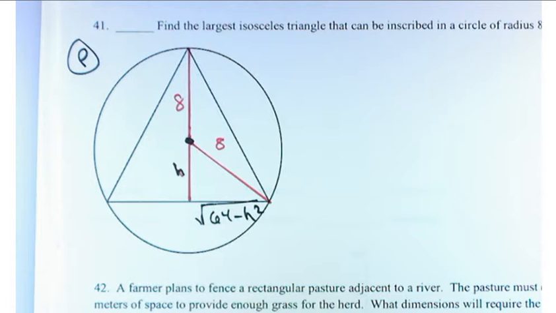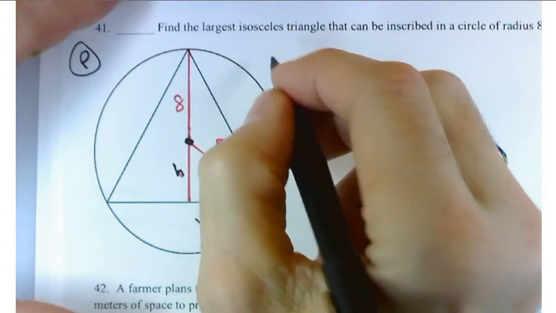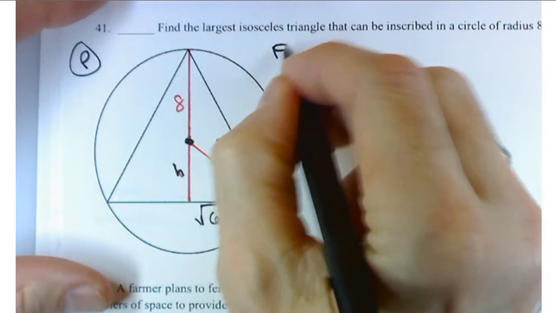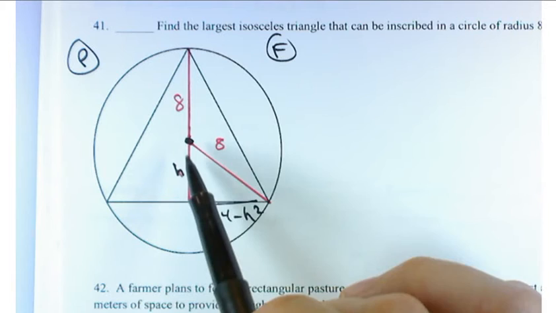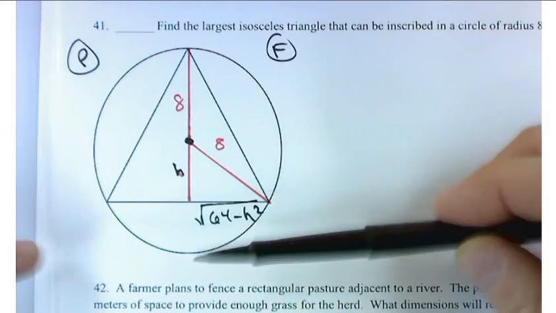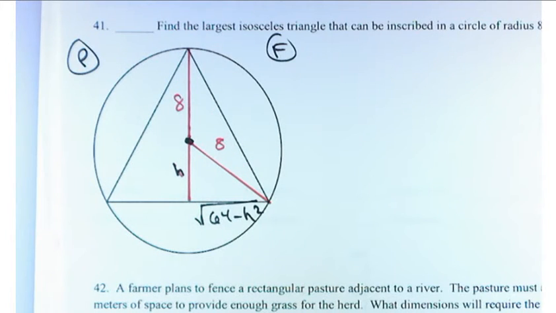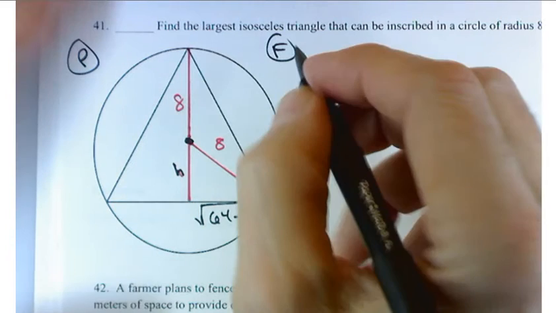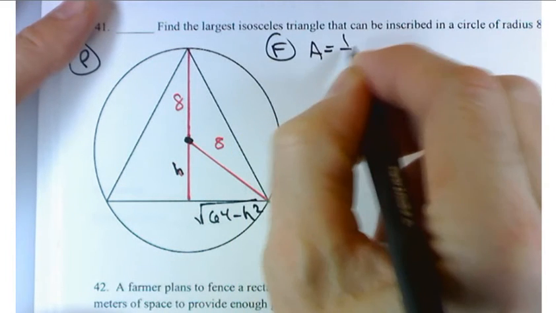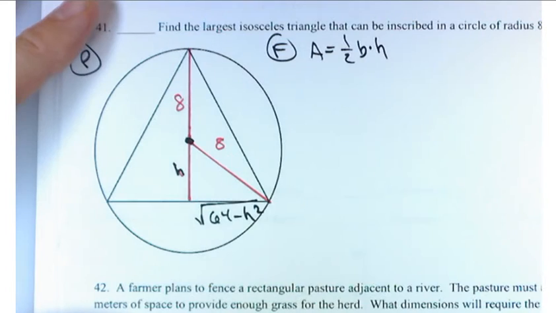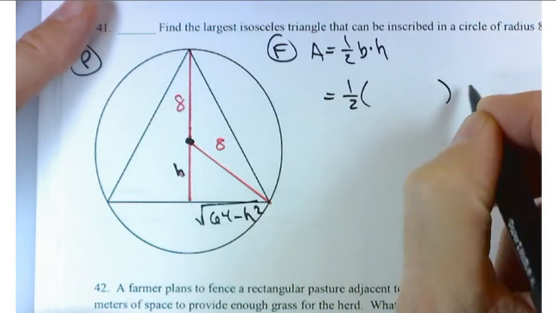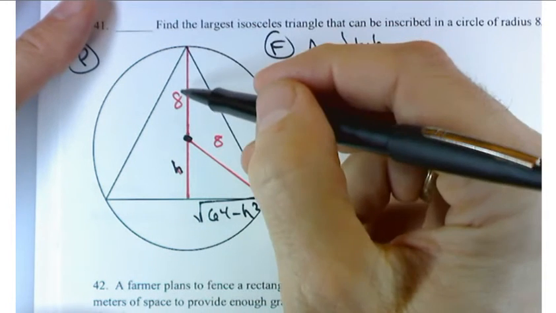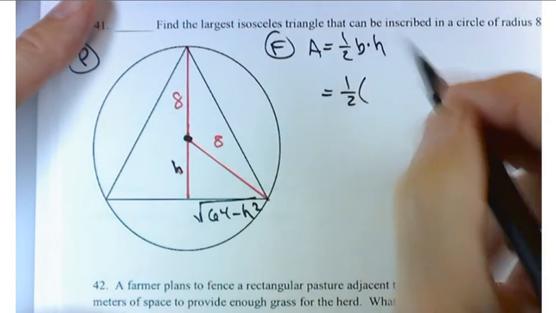There are 4 basic steps in these things, the way I've covered them. Picture, function. We need to come up with a function that tells me the area of this triangle depending on how far down I take my cut. So let's see. Area of a triangle is 1/2 base times height. So 1/2 base times the height. Well, the height is going to be 8 plus h.